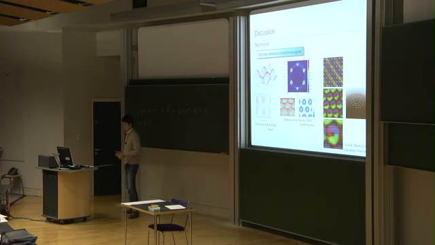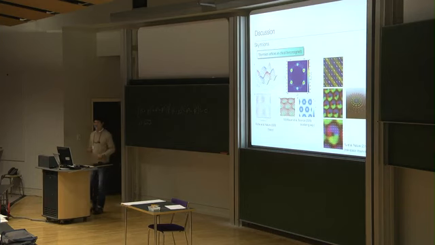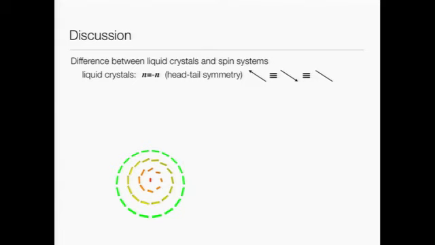But let me talk about some differences arising from the symmetry of the order parameter. As you know, in liquid crystals the order parameter has head-tail symmetry. In the absence of head-tail symmetry, with head-tail distinction, the skyrmion is characterized by a pi over 2 rotation of the orientational order from the center to the edge.